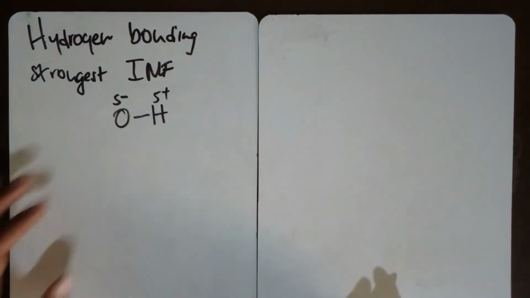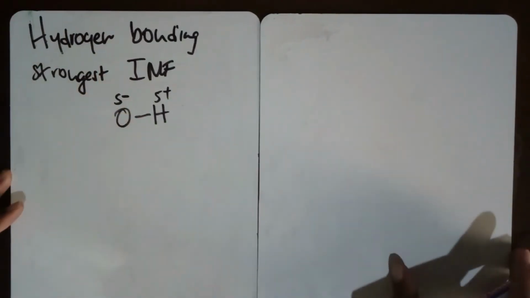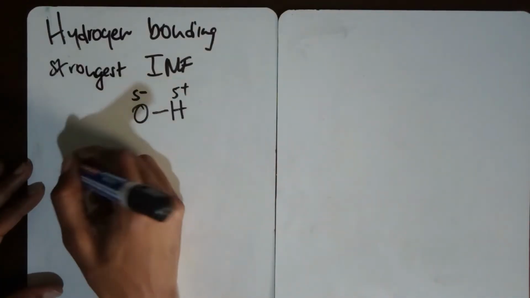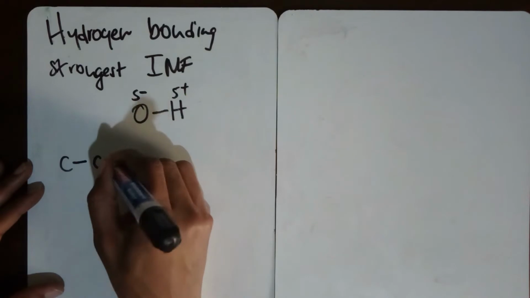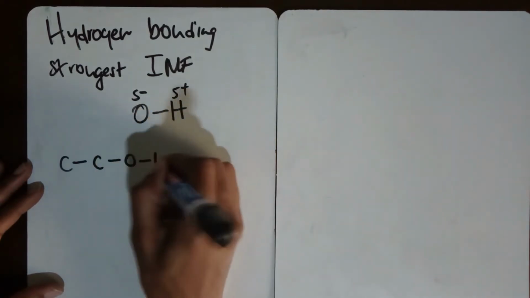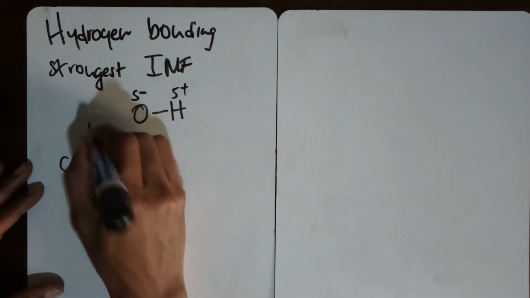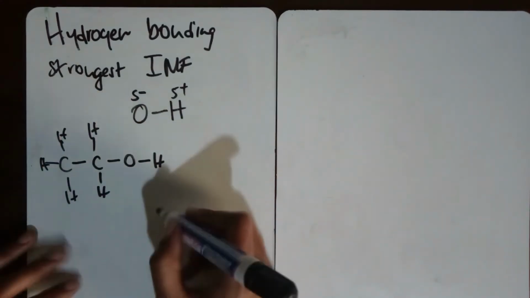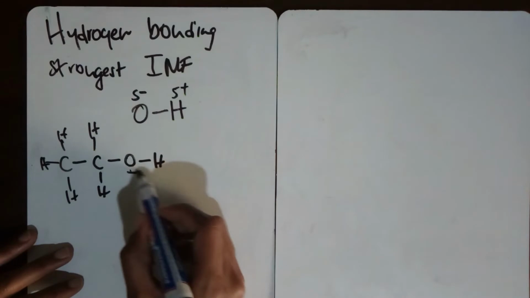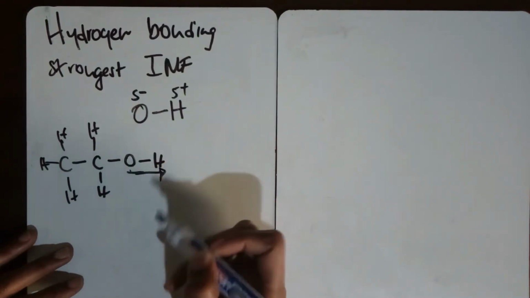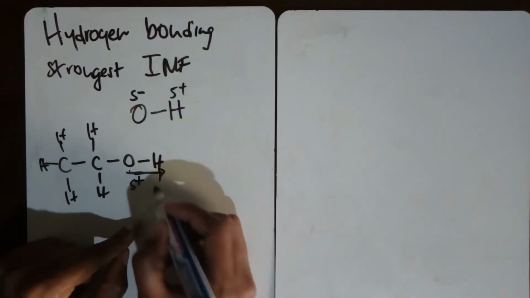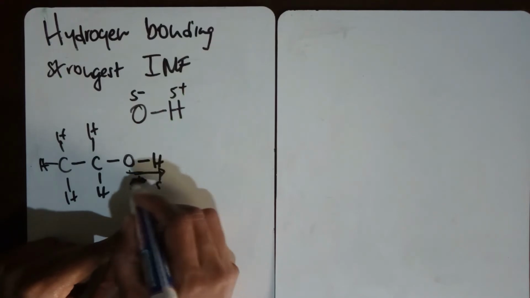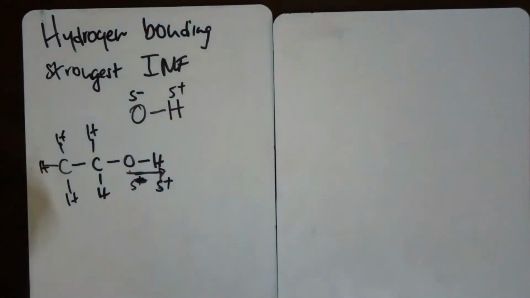So examples of molecules that exhibit hydrogen bonding, we can have alcohols because of that OH, remember? Or carboxylic acids. So remember, because of this OH, we will have a slightly negative, and then this one will be slightly positive. It just looks messy now.